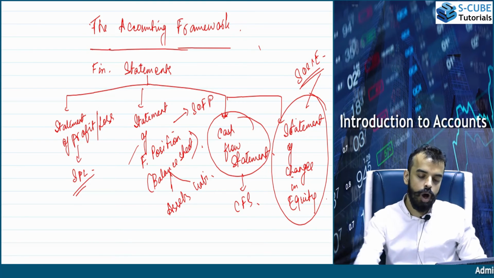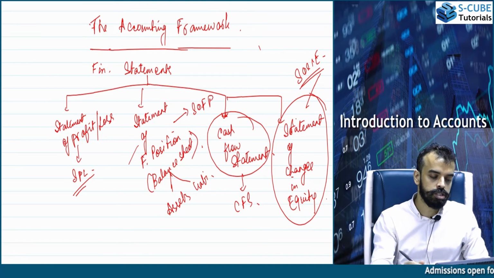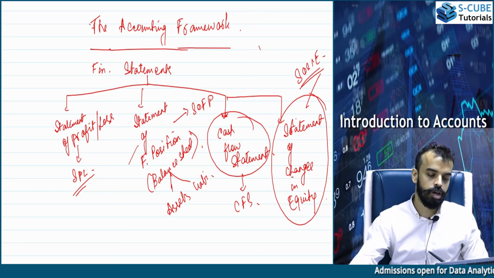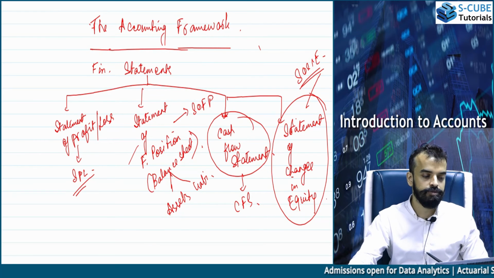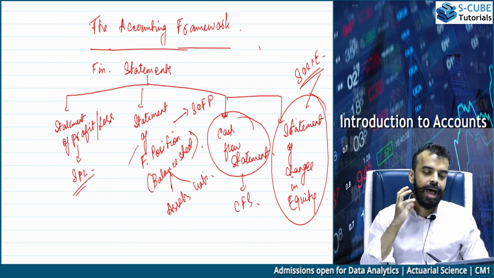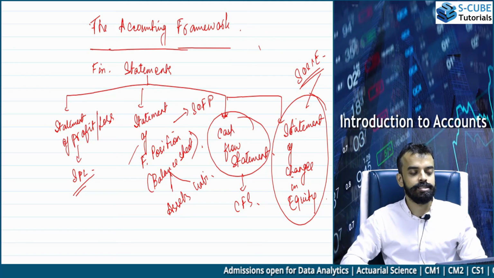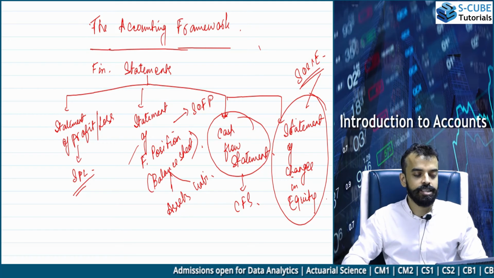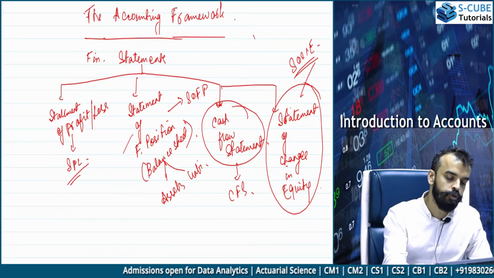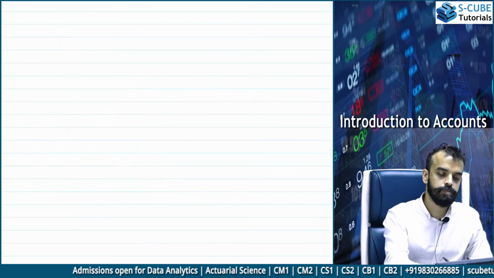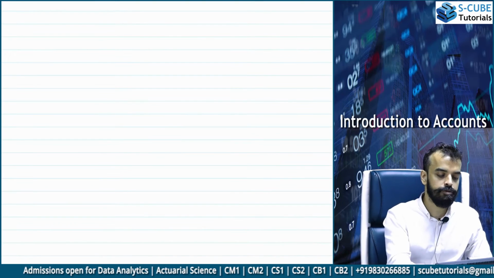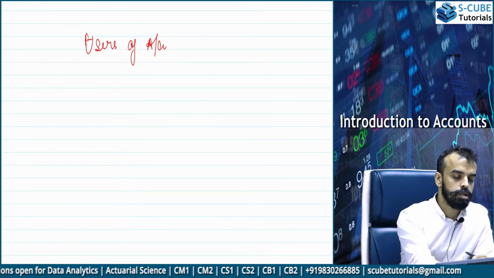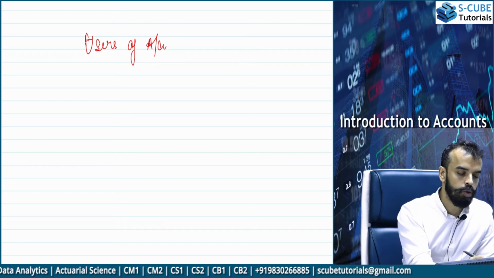Okay. Now, I have used this term, users of accounting information. Now, who uses accounting information? Let us start and identify the user groups. There are 4 major users of accounting information.